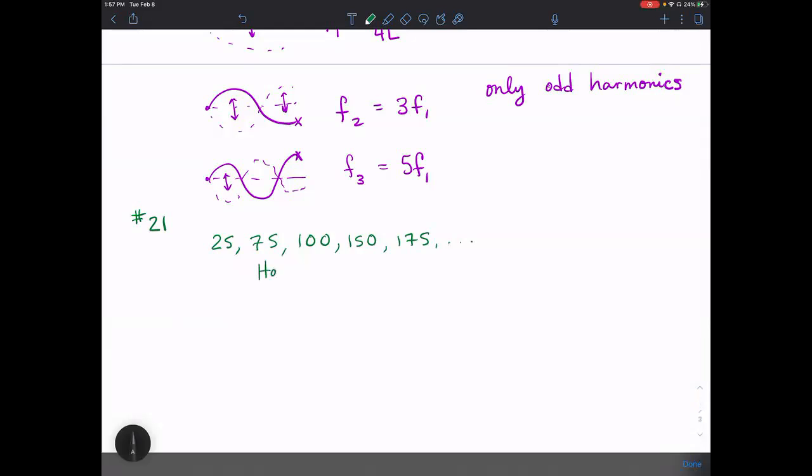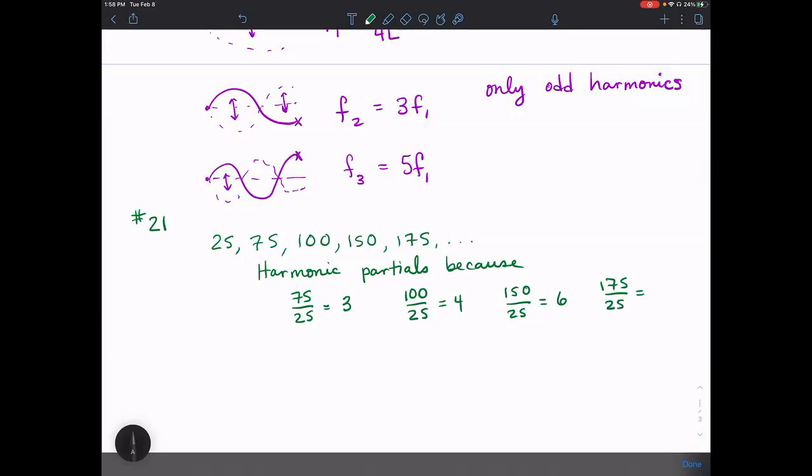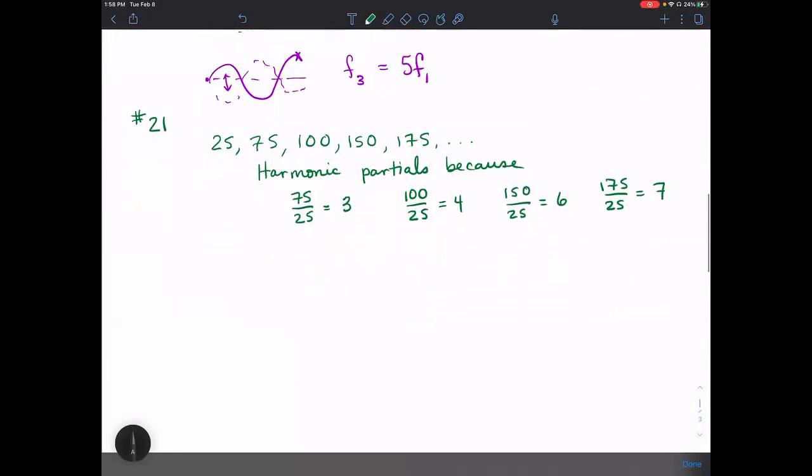They are harmonic partials, because any frequency divided by the first one gives you a number without any decimal places, an integer. So you would just take the numbers and divide by whatever's lowest, and you would see that those are all, in fact, just integers, whole numbers. So whatever your list is, you can tell.